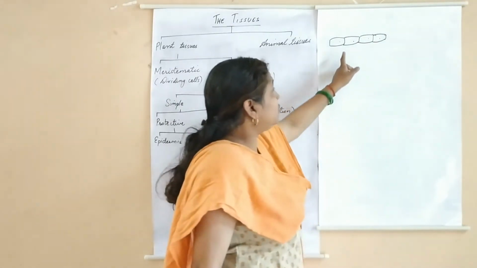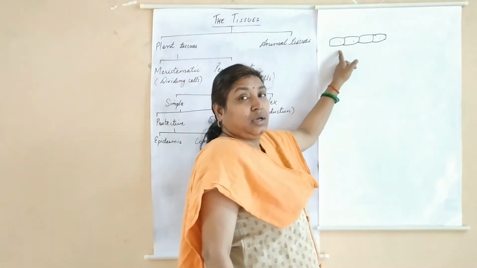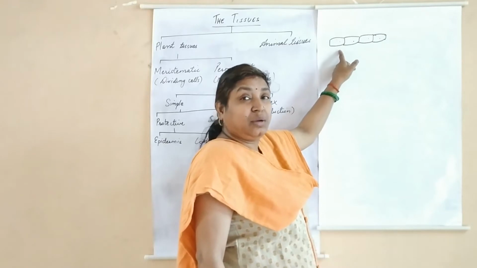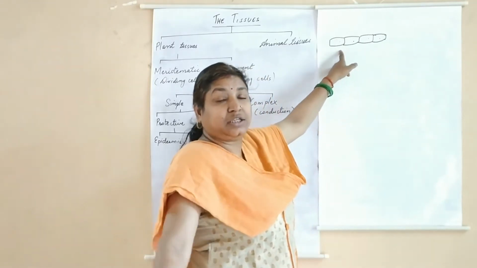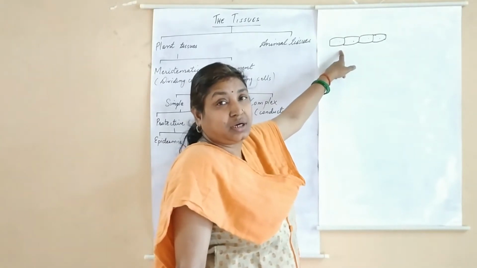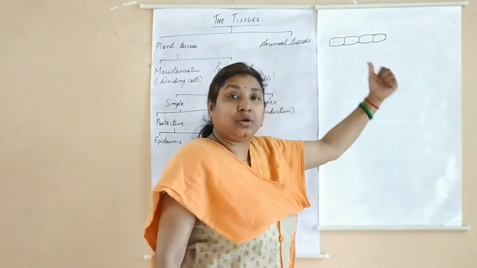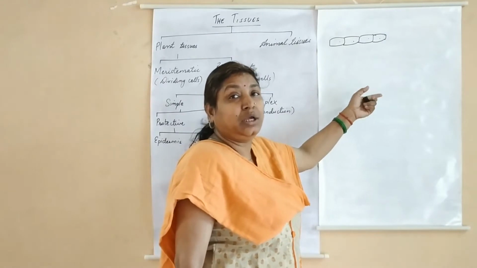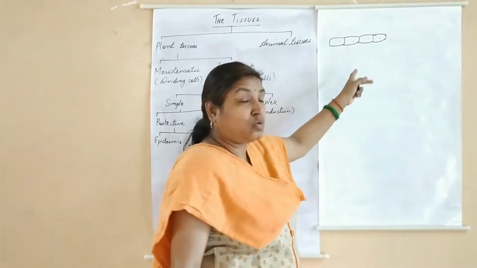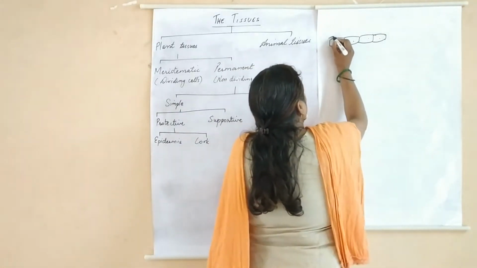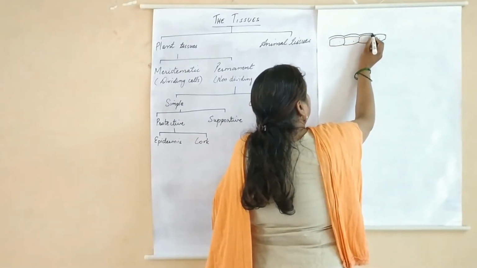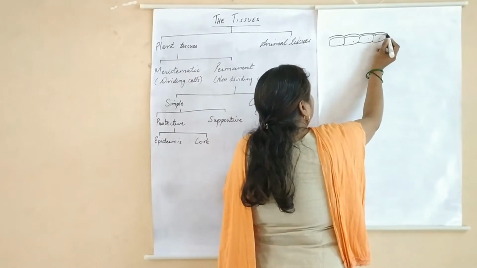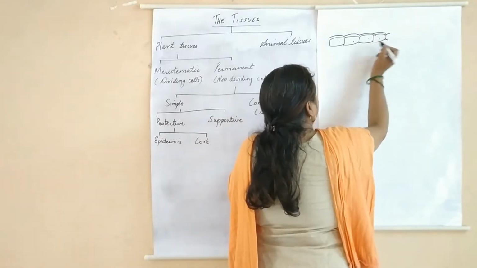So it is the outermost covering of the plant body, being protective in nature. In certain cases, like in extreme weather conditions, in order to prevent loss of water from the plant body, it secretes a waxy coating present just above the epidermis.